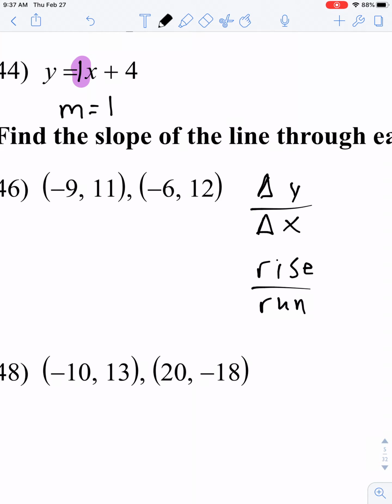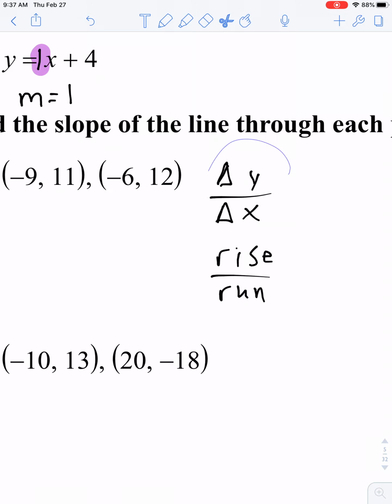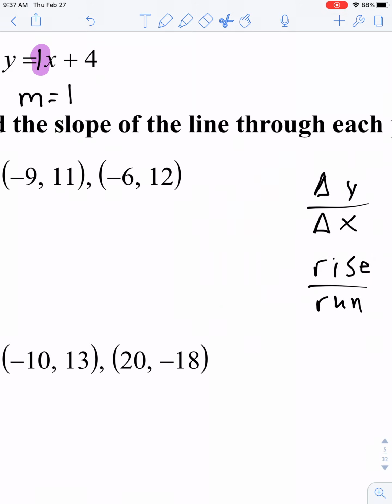There is an equation that works for how to find slope when you're given 2 points. It is m is equal to y2 minus y1 over x2 minus x1. And what this does is it gives you a rise over a run.